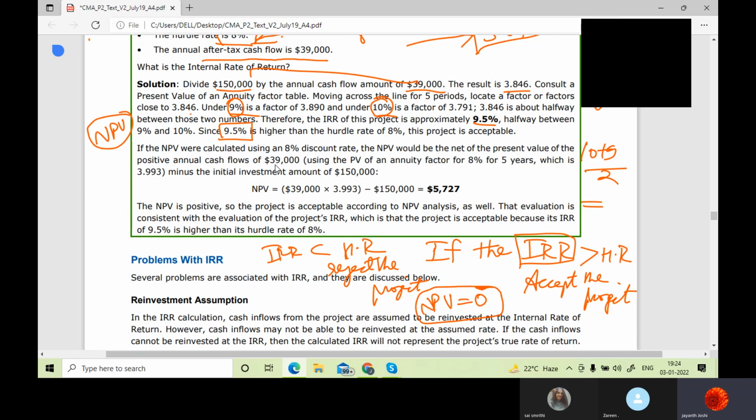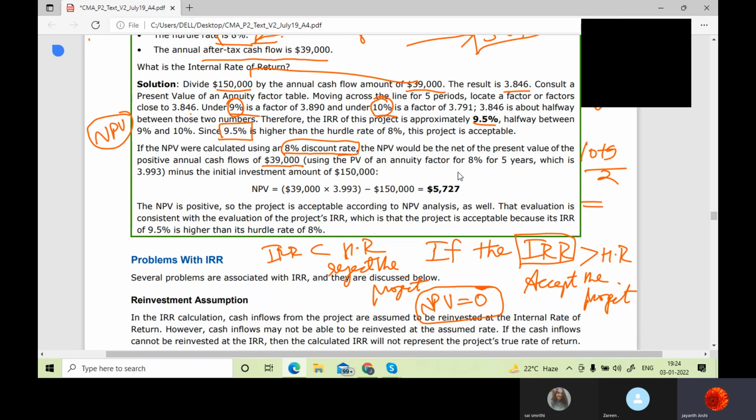And what they have done is, if the NPV were calculated using an 8% discount rate, that means if you do this question with 8% as the discount factor, the NPV would be the present value of the positive annual cash flows of 39,000.